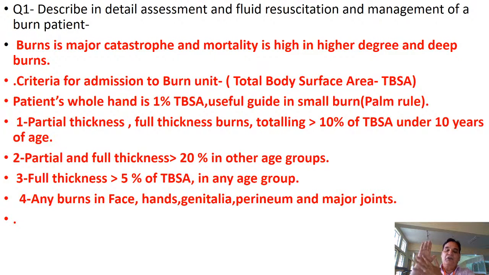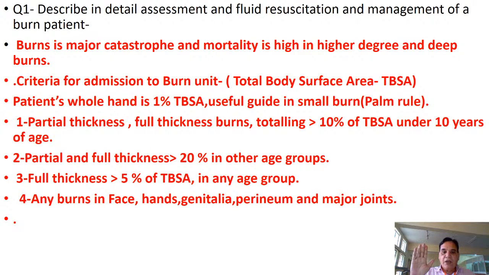This much area of the hand of an individual is considered the palm rule, 1% of total body surface area. And remember, this is always related to the age and height of the patient, and infant, children and adult; the area changes.